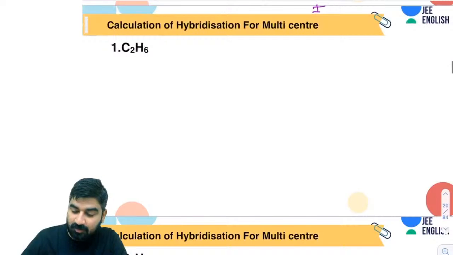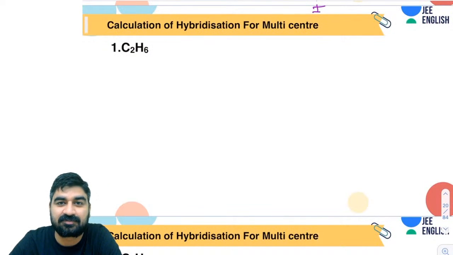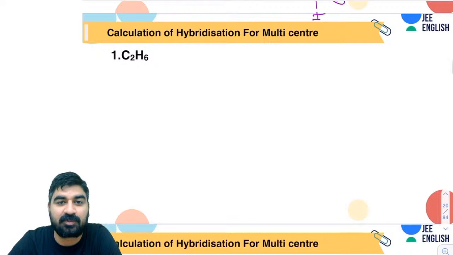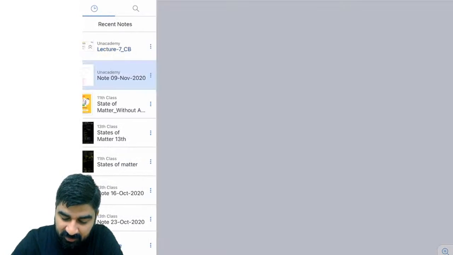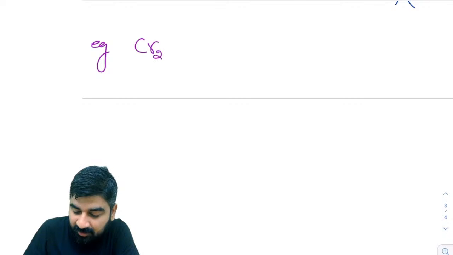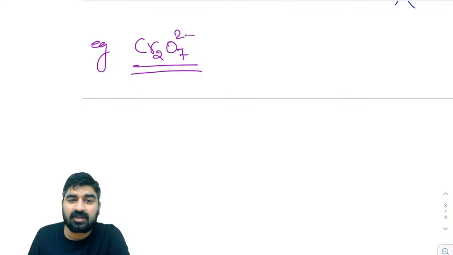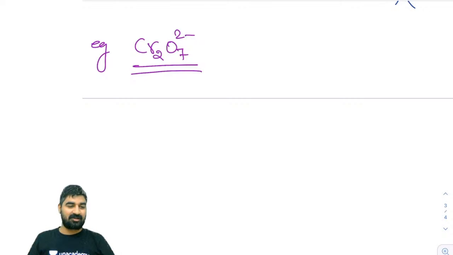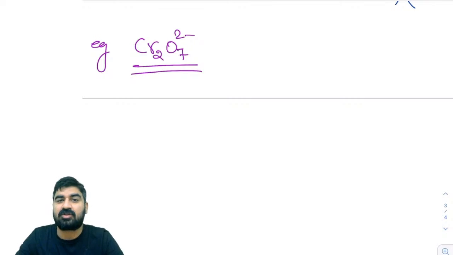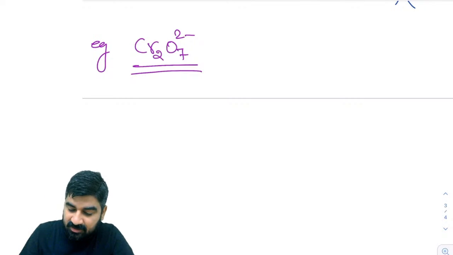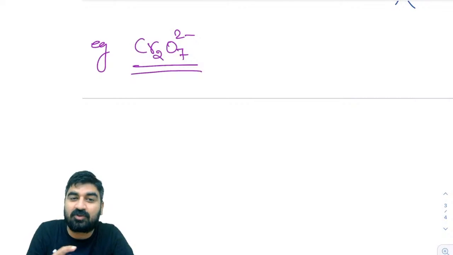So now what about multi-electronic centers? Before this, we can do some more problems over here. Like if I am providing you Cr2O7 2 minus, calculate the hybridization of chromium, because here the formula is not going to work. So how will you calculate that? You can calculate it only if you know the structure.